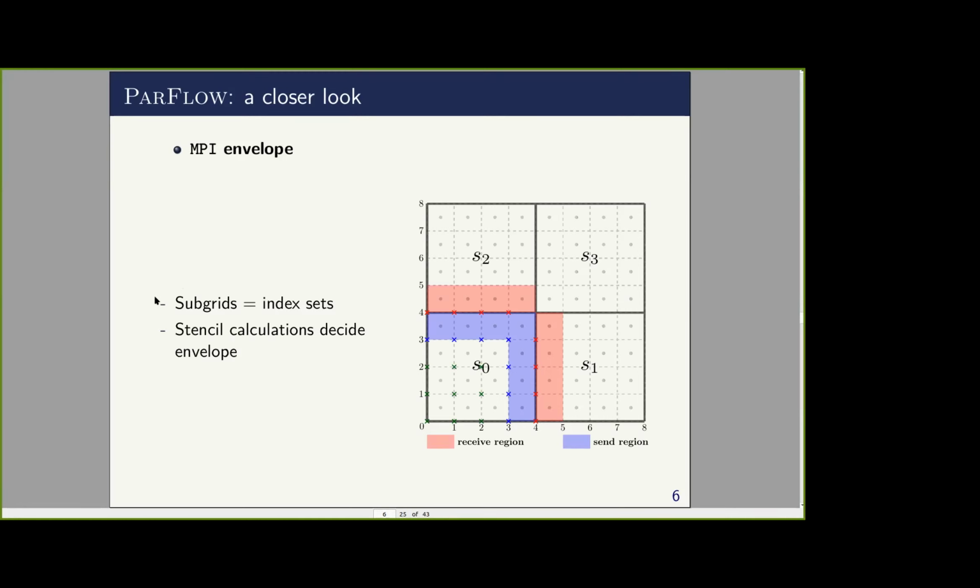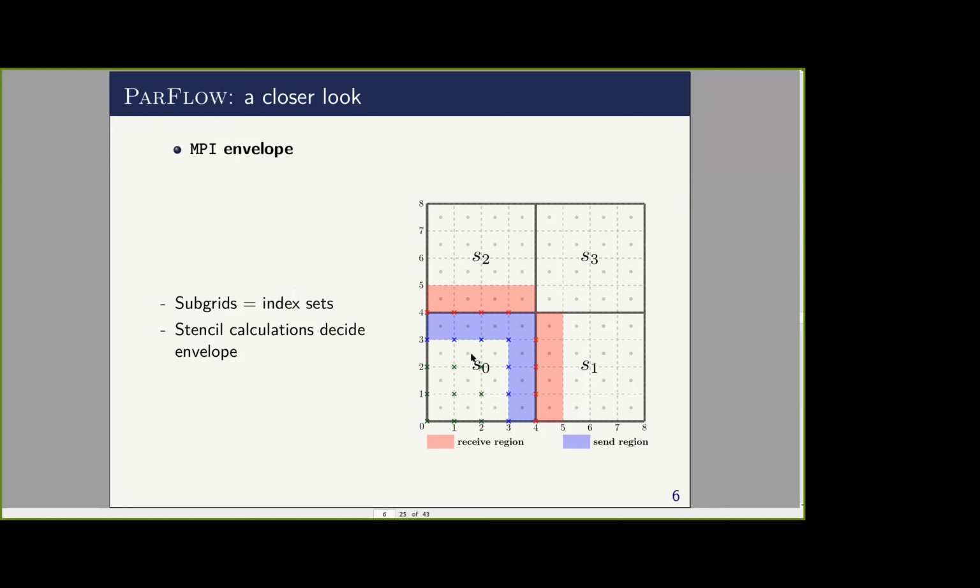Essentially, conceptually, in Parflow, subgrids are sets of integers, which correspond to the indexes of the degrees of freedom. And Parflow performs stencil calculations on those indices to decide what the envelope is.